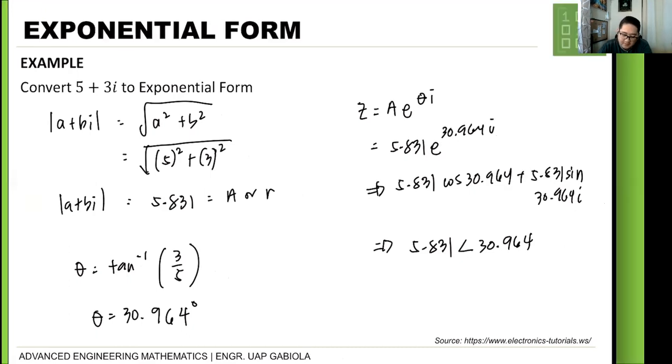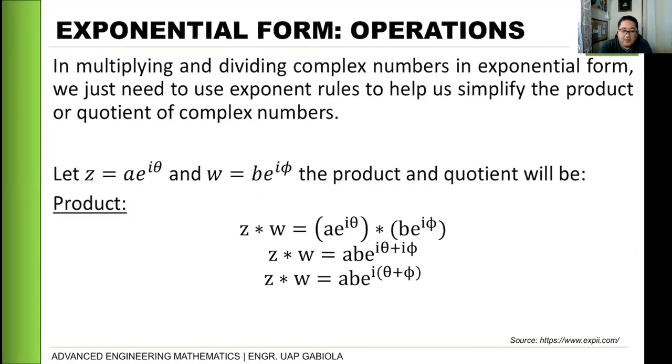Then, exponential form also has operations. To use its operations, all you need to do is follow the laws of exponents from algebra. So, for example, we have two complex numbers in exponential form: a e^(i theta) and b e^(i phi). Let's get their product. To get the product, we simply multiply.